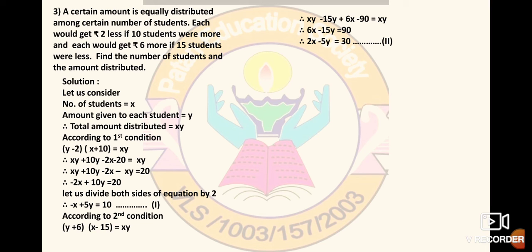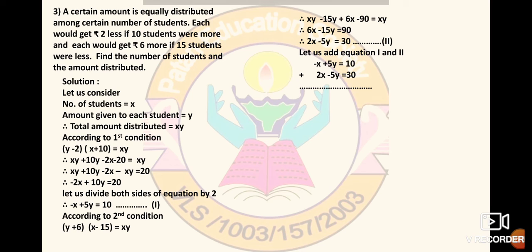Now see, equation number 1 has plus 5y and equation number 2 has minus 5y. Plus 5y minus 5y will cancel in which operation? Yes, definitely the addition operation. So let us add equation number 1 and 2.